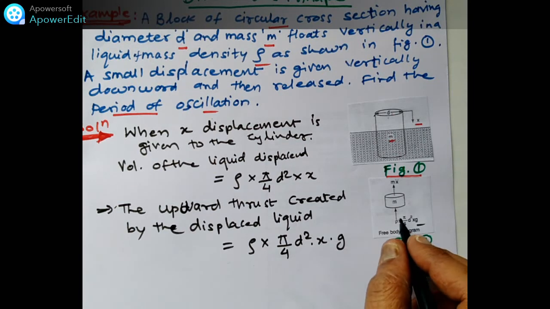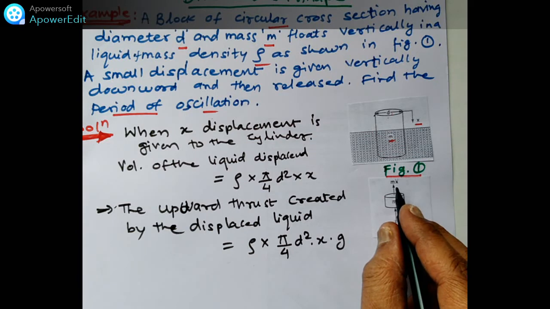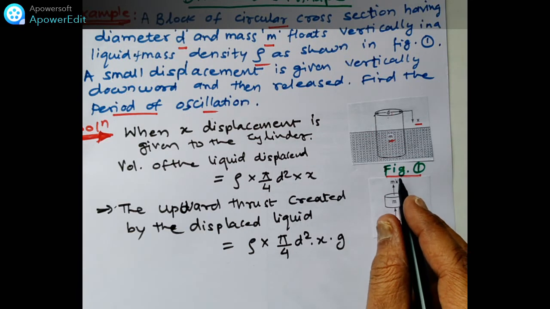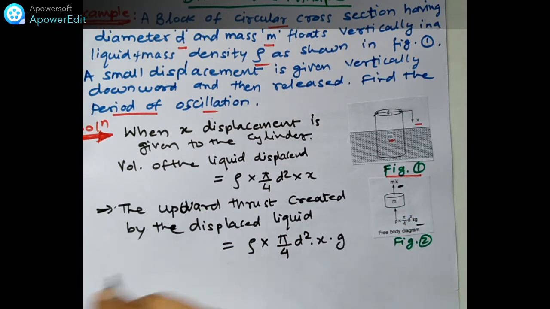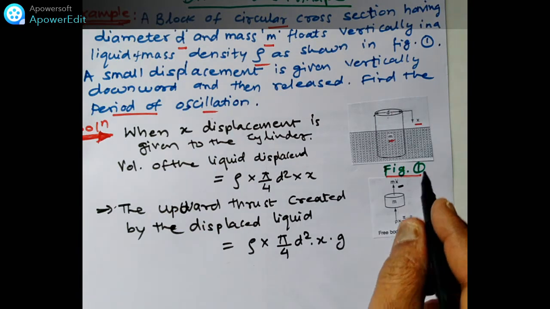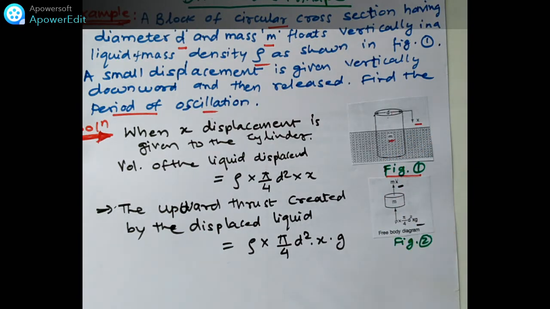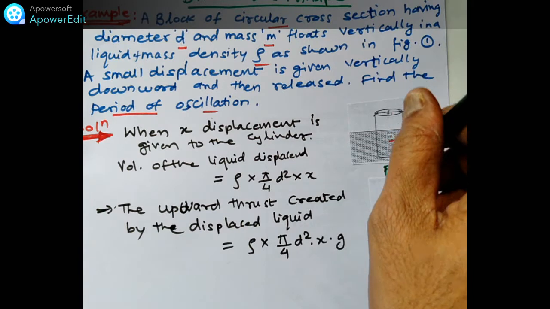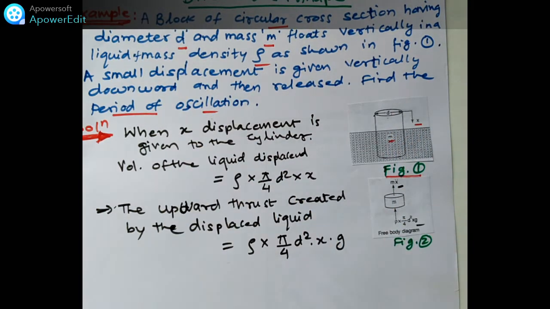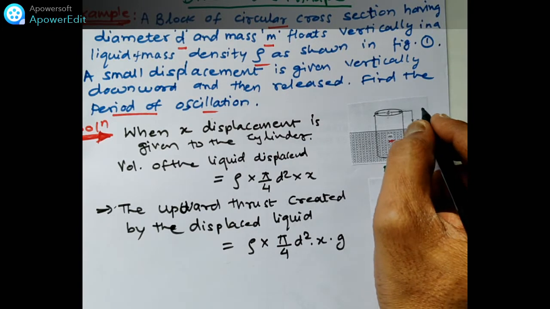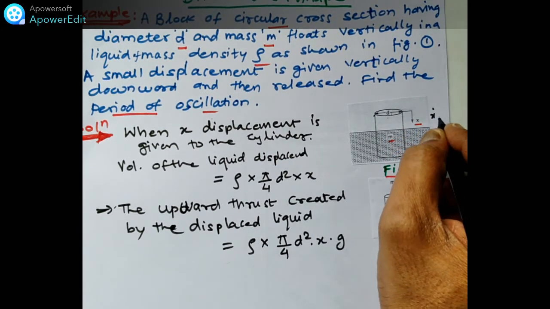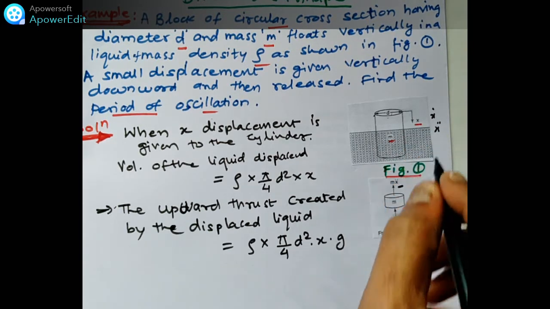This is the upward thrust, and the accelerating force is m x double dot, acting on the upward side, while we are moving the block on the downward side. x, x dot and x double dot are on the downward side.